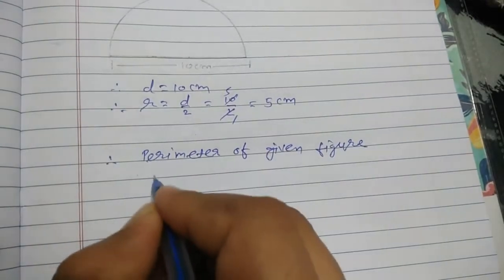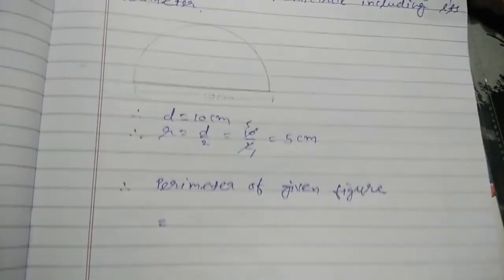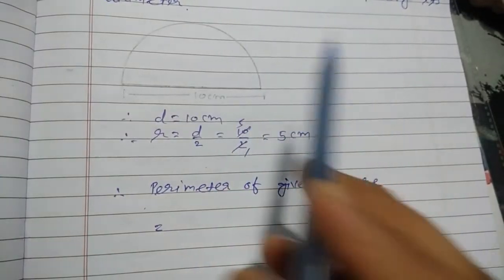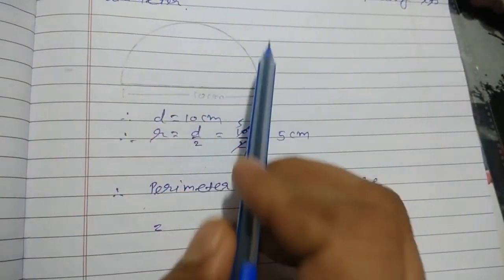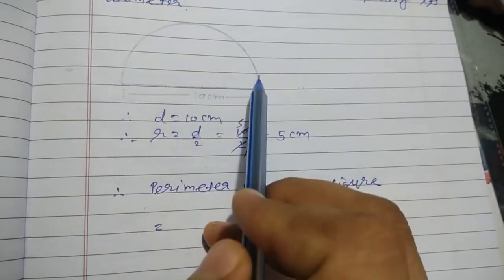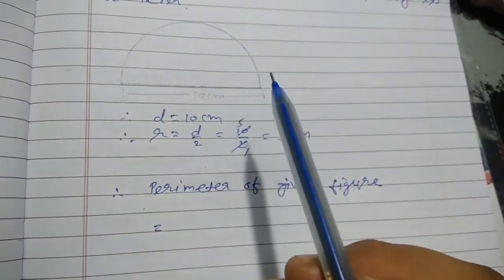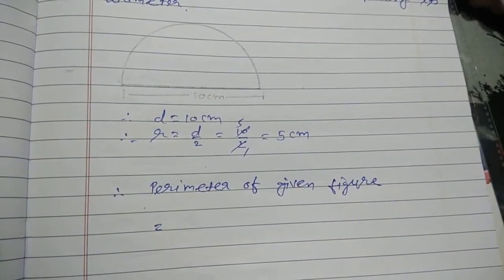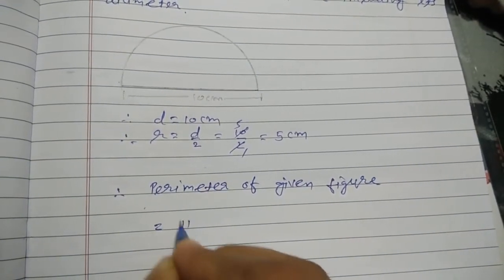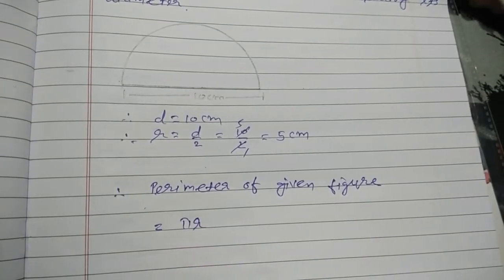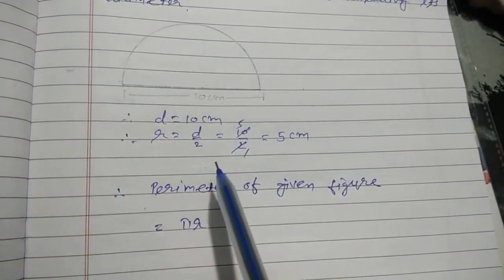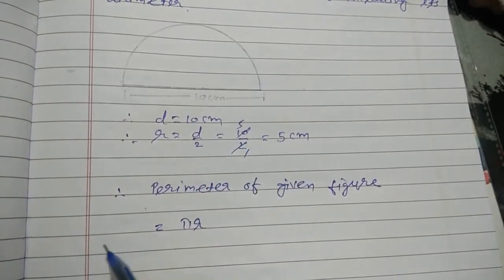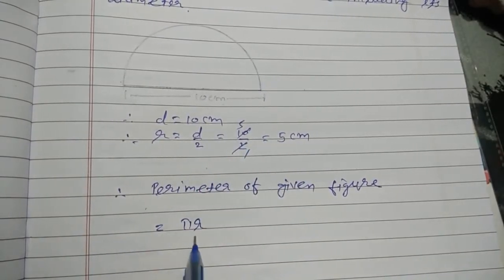Perimeter of the given figure is equal to, now keep in mind this is a semicircle, that means half of a circle. So what will be the perimeter of this half of a circle? That will be nothing but half of the circumference of a circle, that is pi r.